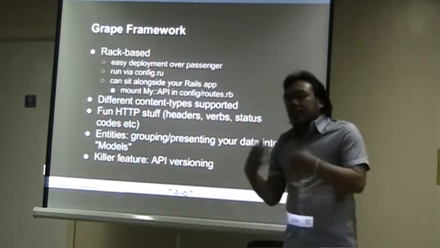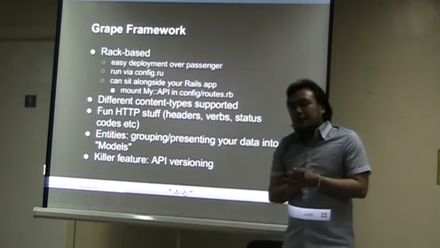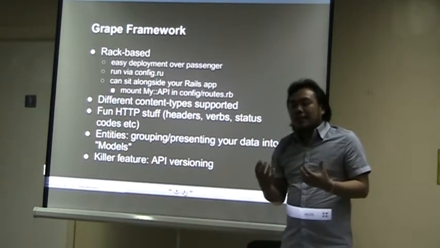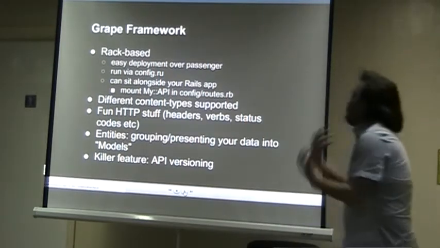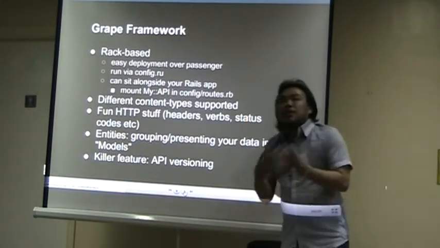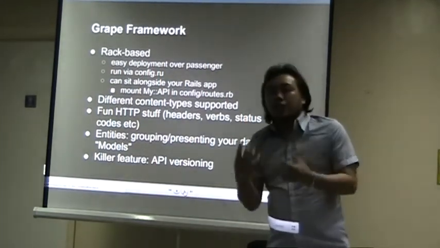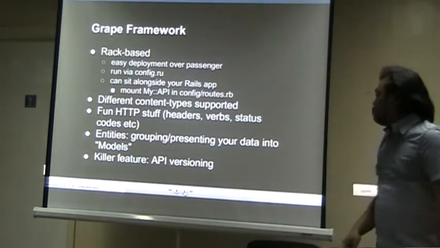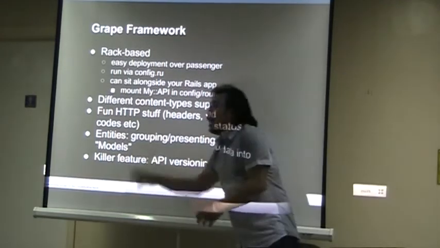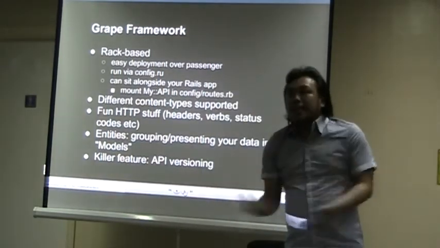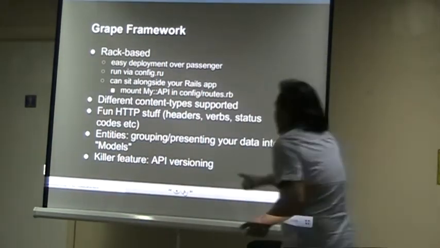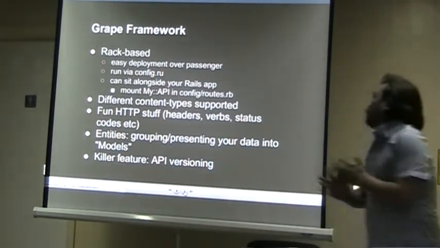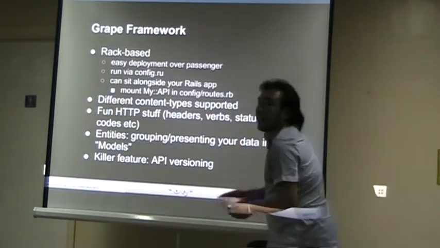Because naturally, if you think in the MVC pattern, then you would logically group your data into hierarchies or into resources. Entities allows you to easily do this within the Grape framework. Now, what I like about the Grape framework is a feature called API versioning.